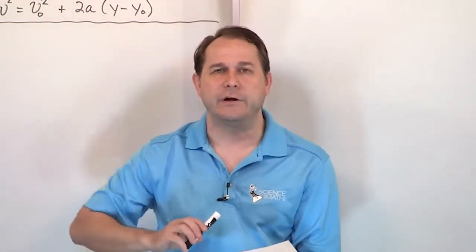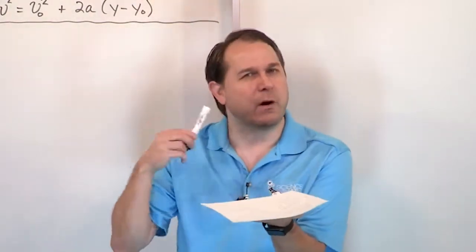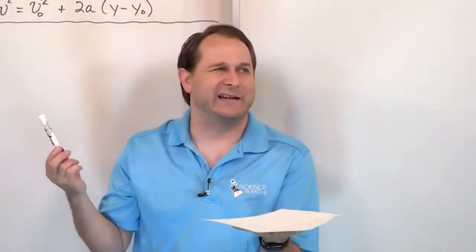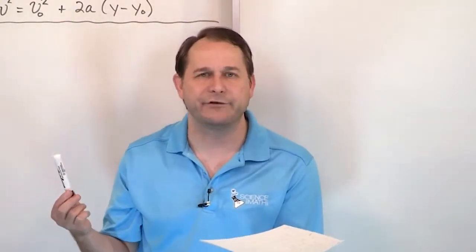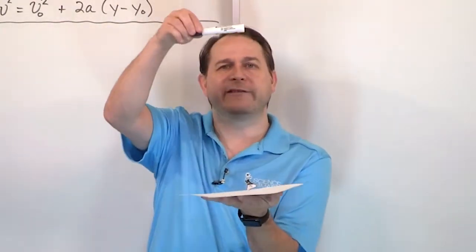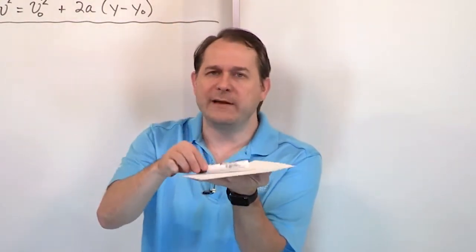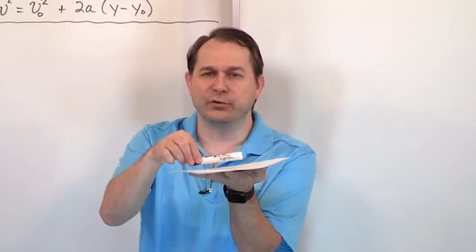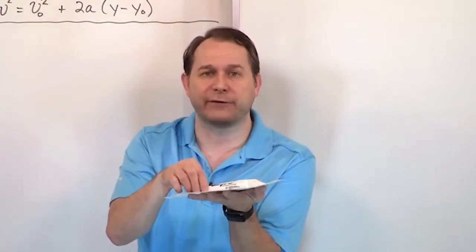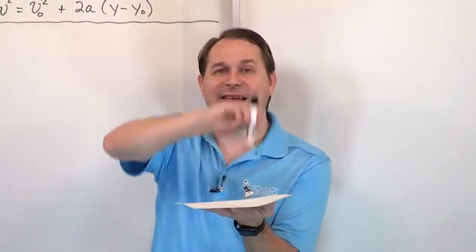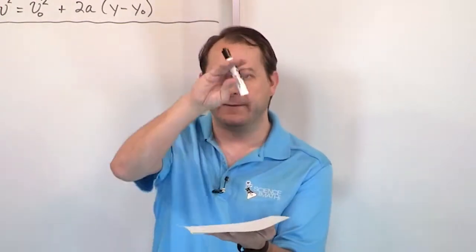And then the second thing I want you to keep in mind is something you already intuitively know, is that if you launch this thing up with a certain velocity, let's say we launch it up at 10 meters per second, then it's going to reach a stopping point and then it's going to accelerate back down. At the moment that this marker passes through the same place you started from, its downward velocity will match exactly what you started with throwing it up.